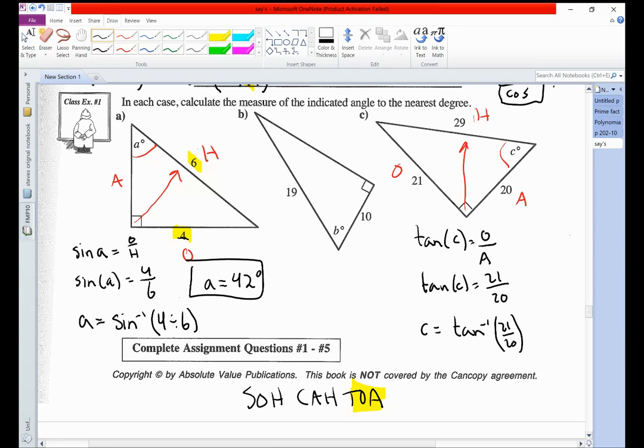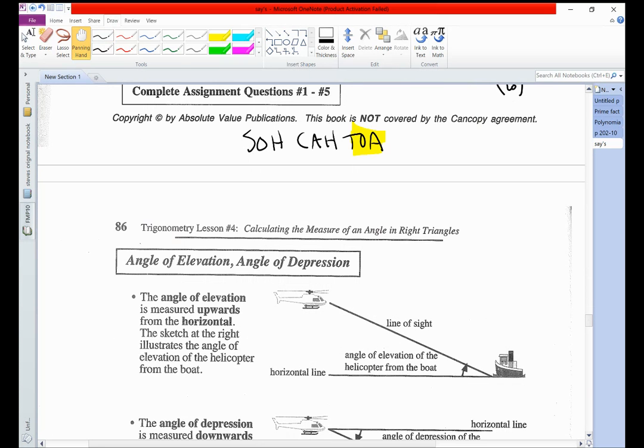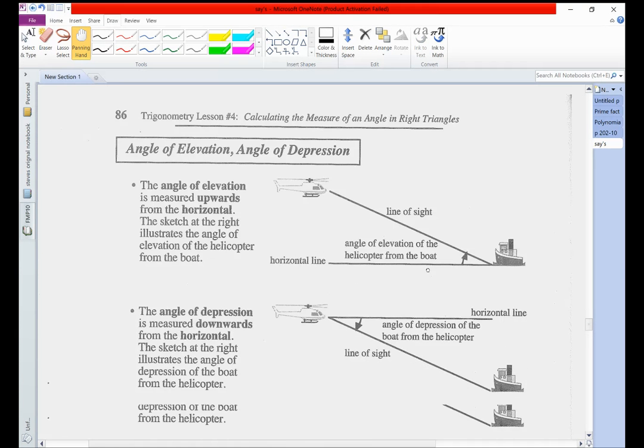Type that in to my calculator, second function, so that second button, and then my tan button, and then 21 divided by 20, and it comes out to be 46 degrees. 46 degrees. Awesome. So the next thing I want to talk about is angle of elevation and angle of depression.